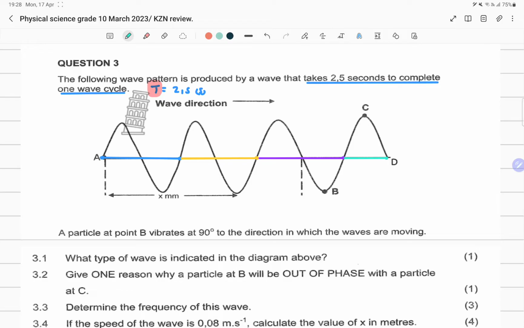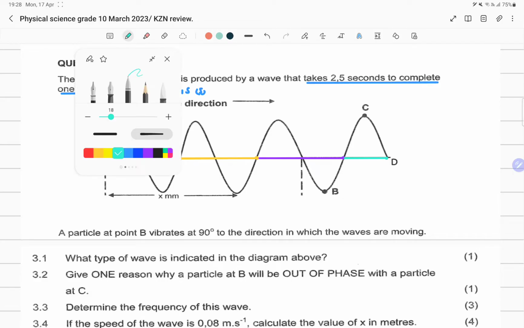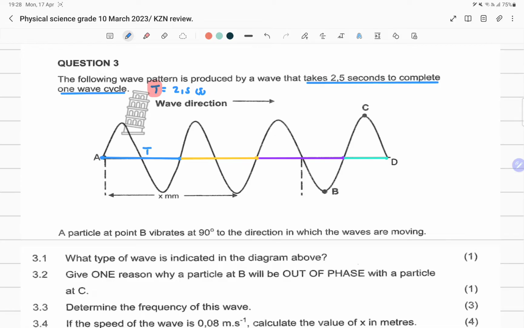So we can use the period to assist ourselves here.